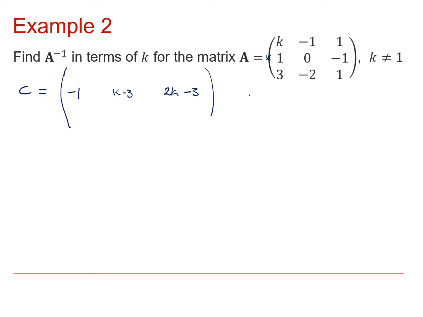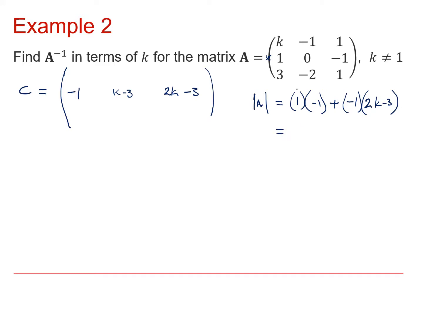Now let's have a look at the determinant of A then. So the determinant of A, expanding about the second row, is just going to be 1 times minus 1. I'm going to get nothing from the middle term, and then I'm going to get plus 1 times 2k minus 3.